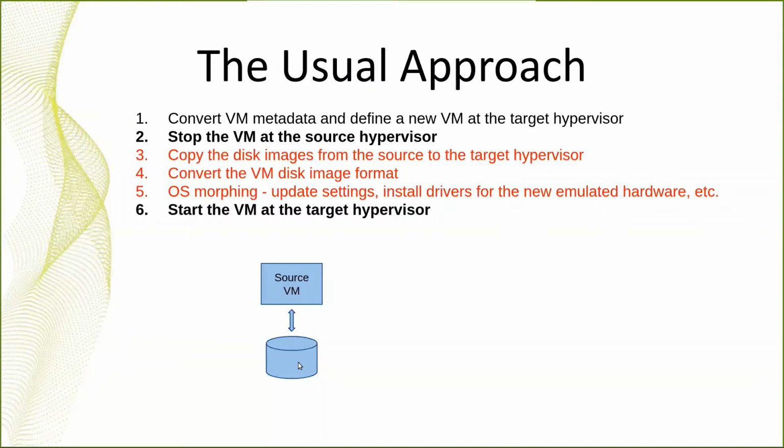So typically the first step would be to define a new virtual machine on the target system with the same or very similar settings as the source virtual machine, and to define a new empty disk image as a target disk image that is the same size as the source disk image.